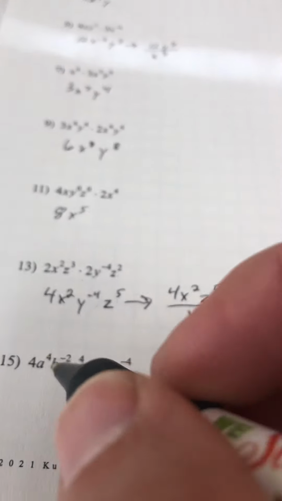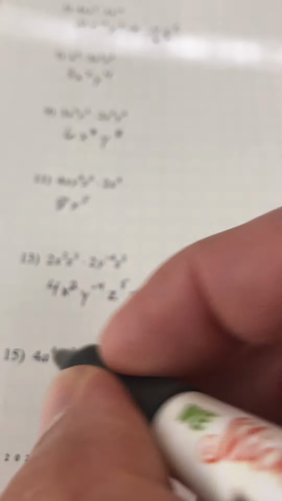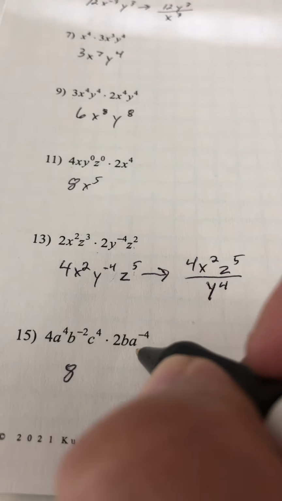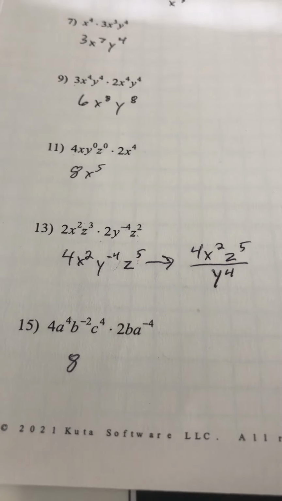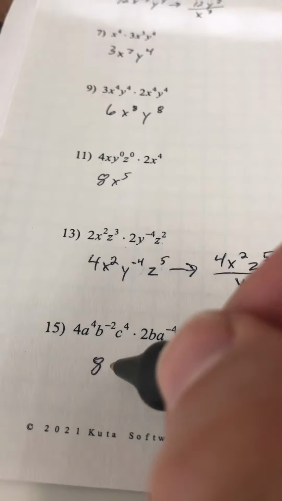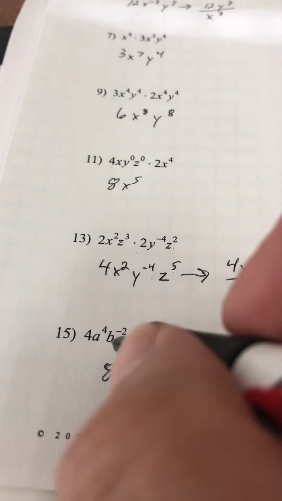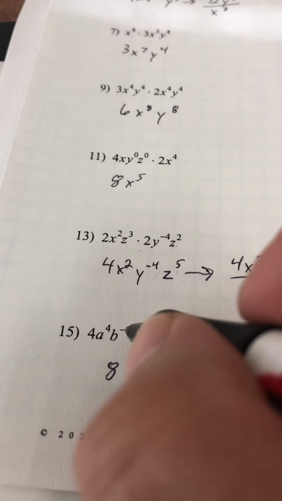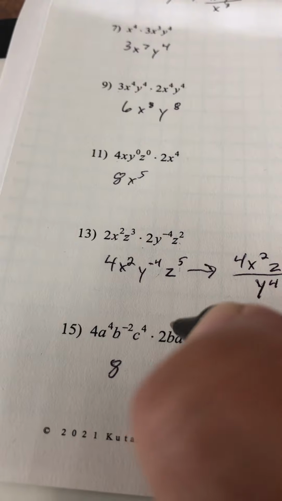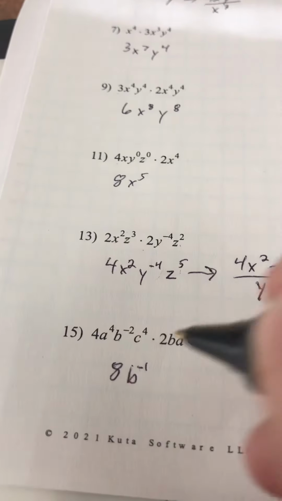And I'm done. 4 times 2 is going to be 8. My a's, I have a 4 and I have a negative 4. That just gives me a to the 0. And so a to the 0 is just 1. So 8 times 1 is 8. So I'm done with my a's. B, negative 2 and b to the 1, so negative 2 plus 1 is negative 1, so I have b to the negative 1.